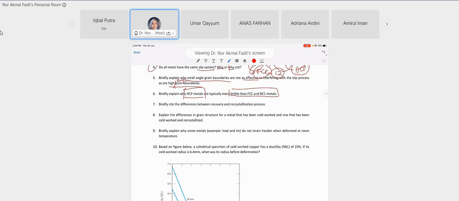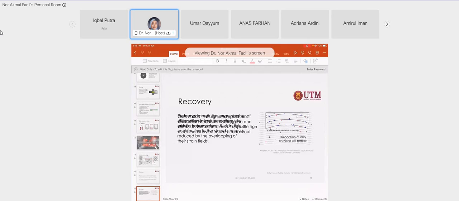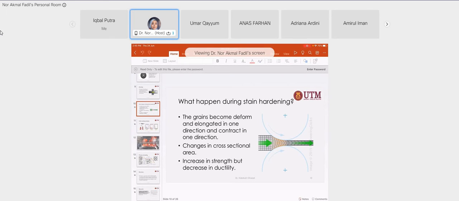Okay, briefly cite the differences between recovery and recrystallization. What are the differences? You can refer to the notes. What happens in recovery?